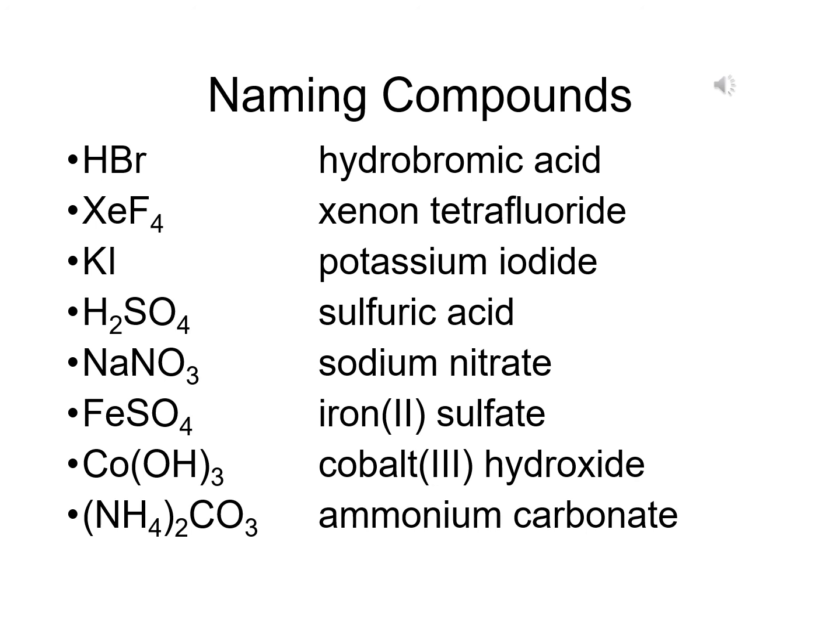Now iron can have multiple oxidation states, so we have to look at the charge on the sulfate ion, which is -2, and we have 1 iron balancing it out. So -2 plus 1 iron equals 0. Therefore, the iron must be +2. So we name this iron 2 sulfate. Looking at our second to last compound, we have cobalt with a hydroxide ion.